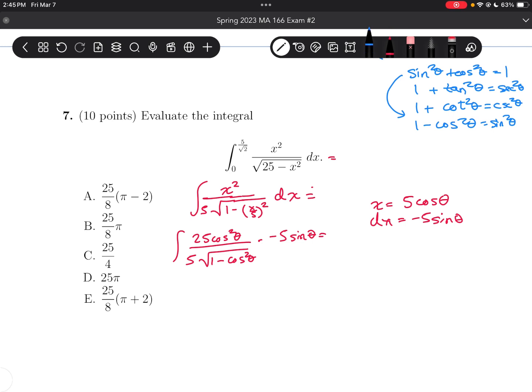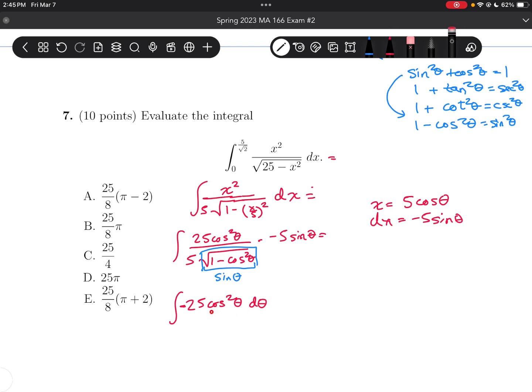Now the radical will all simplify to sine theta. And so ultimately this will simplify to negative 25 times cosine squared theta d theta. Okay, so we've already simplified our expression a good deal.